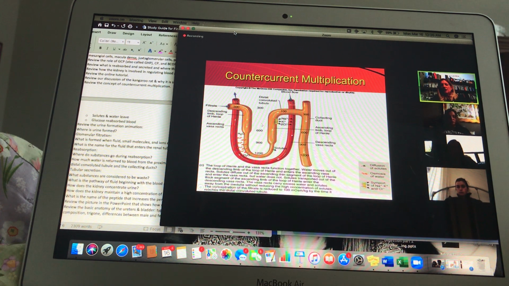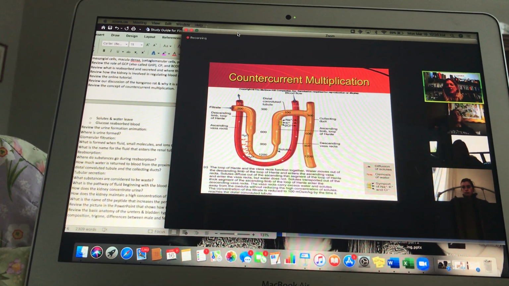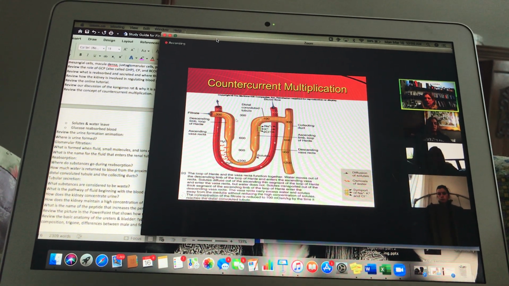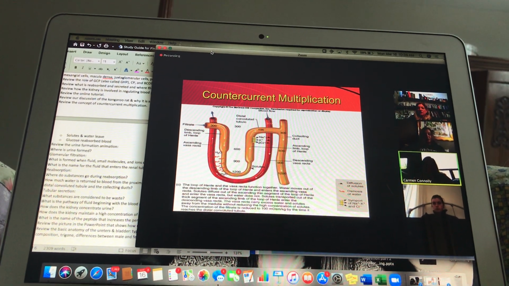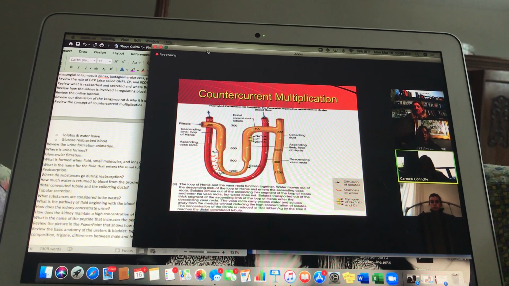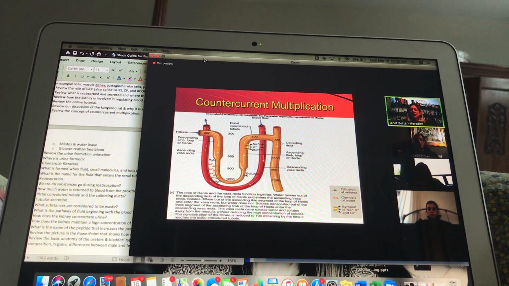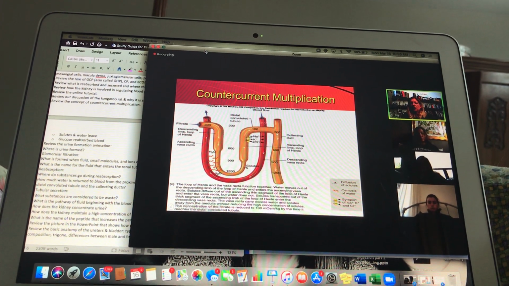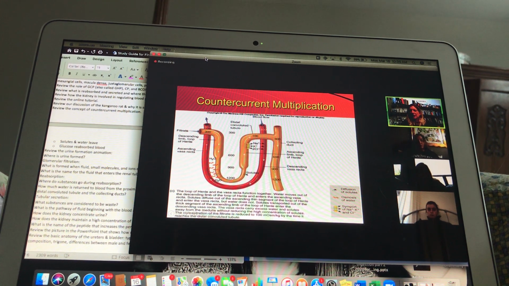So in order to maintain this gradient, we have blood flowing which way? Does it flow the same direction as the filtrate, or does it flow in a different direction? It flows in the opposite direction. So this helps to amplify the signal. And this also helps us because when the fluid travels through the collecting duct, it will be surrounded by fluid that is going to be of higher concentration as it goes deeper.